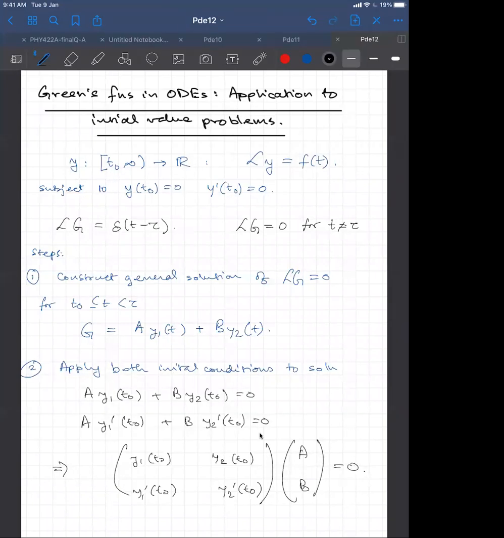Since y1 and y2 are linearly independent, the Wronskian, which is just the determinant of this matrix, is non-zero.